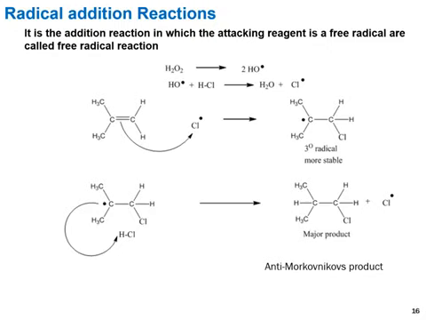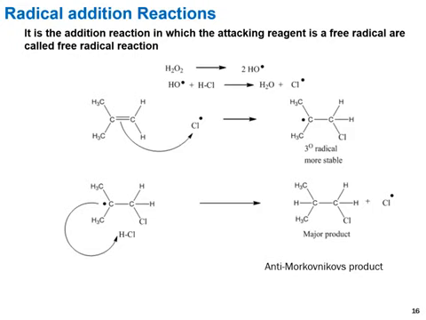The next type is the radical addition reaction. It is the addition reaction in which the attacking reagent is a free radical, or the free radical reaction. First of all, in this reaction, a radical initiator is used. H2O2 acts as the radical initiator. Then the radical initiator reacts with the reagent to give the radical of the reagent.